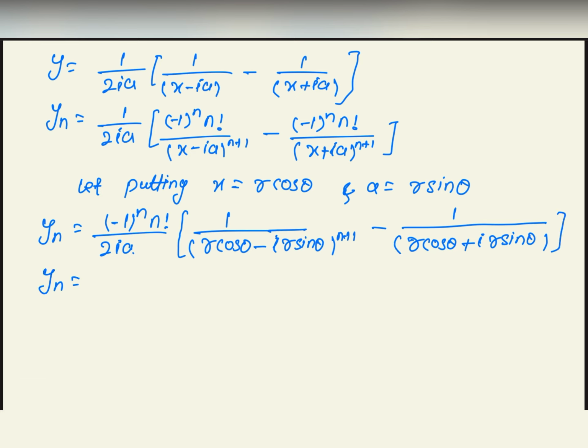So yn is equal to minus 1 to the power n into n factorial over 2ia.